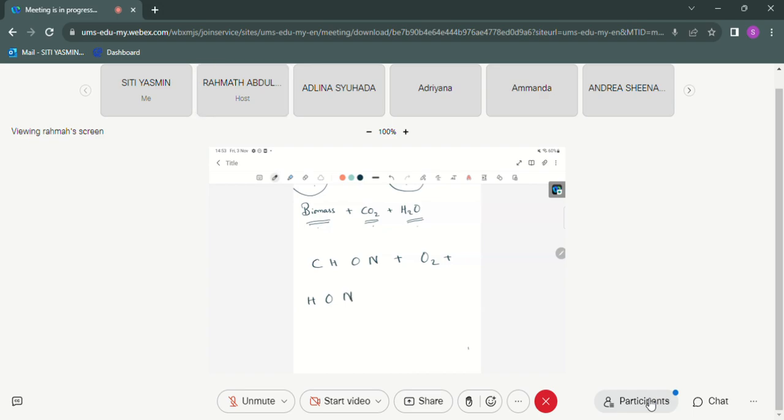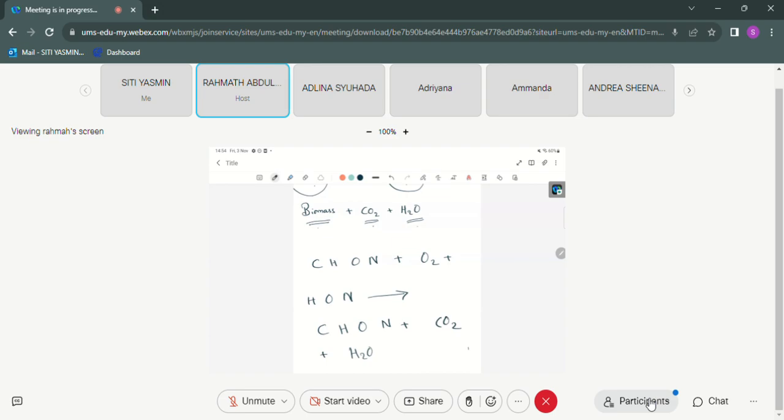This gives rise to some product, carbon, hydrogen, oxygen, nitrogen, plus, always, carbon dioxide and water.